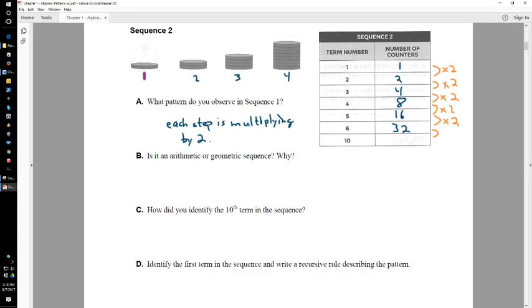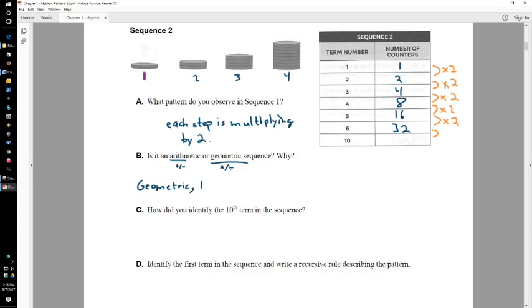So, question: is it arithmetic or is it geometric? Remember, arithmetic, we are adding or subtracting. Geometric, we are multiplying or dividing. So, since we're multiplying by 2, this is a geometric series.